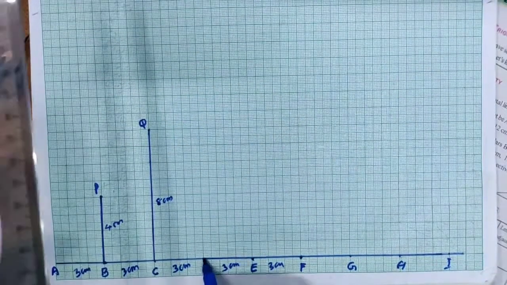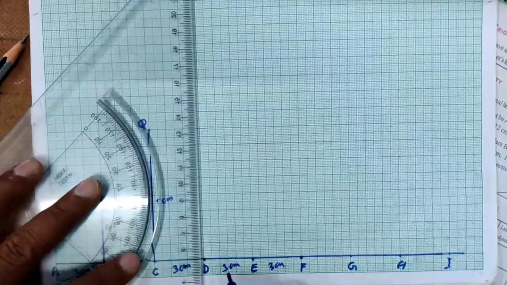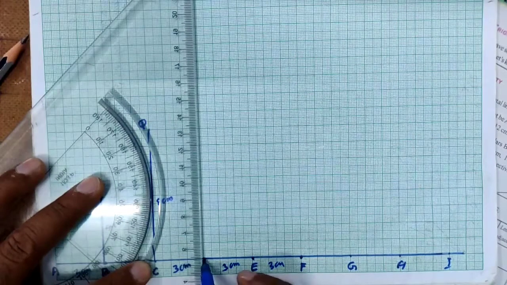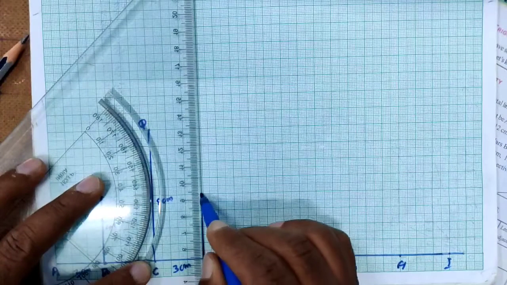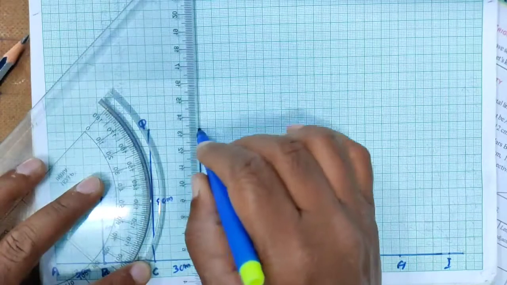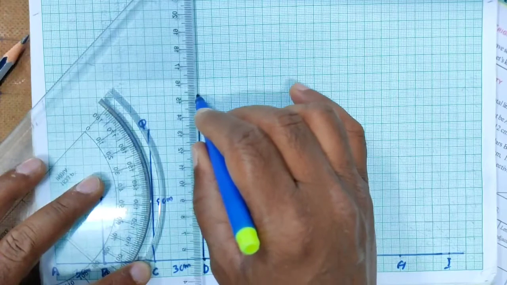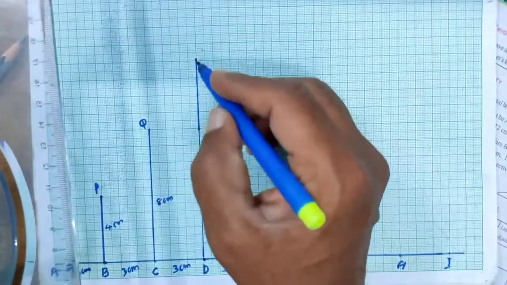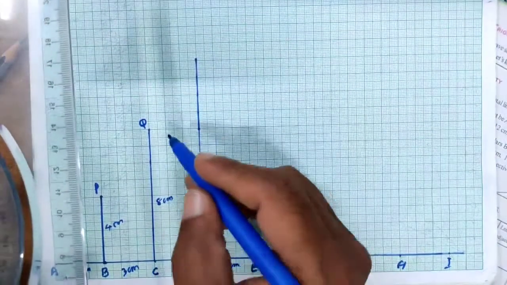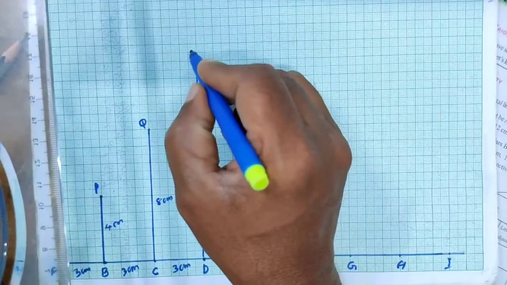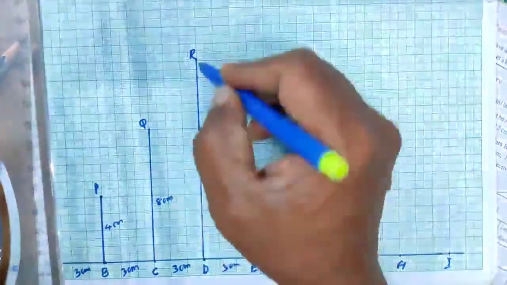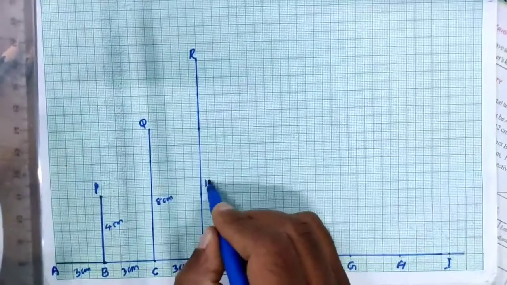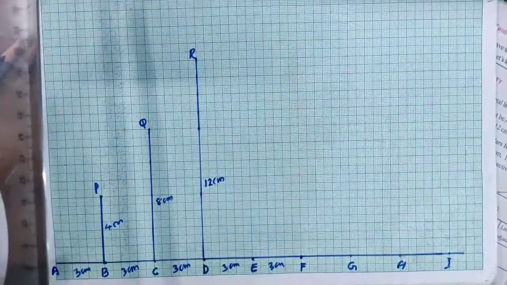Now from D, draw a line of 12 centimeters. So this is 4, this is 8, and 1, 2, 3, 4, so this is 12 centimeters. This is DR, another perpendicular line to this line, of 12 centimeters.